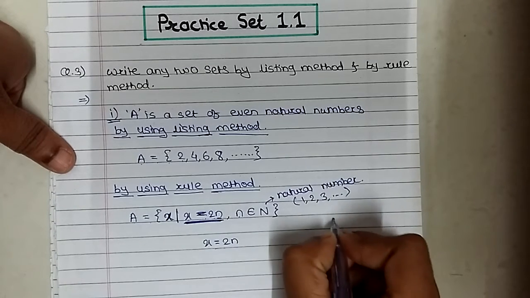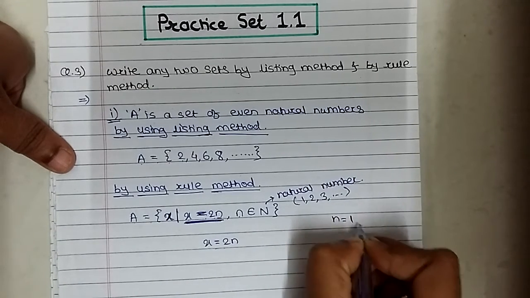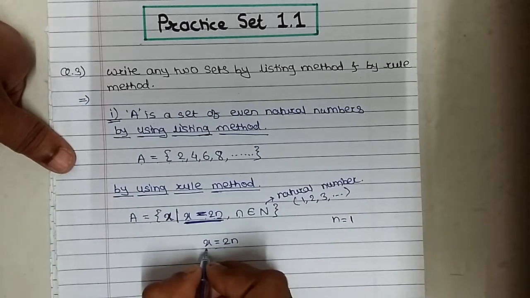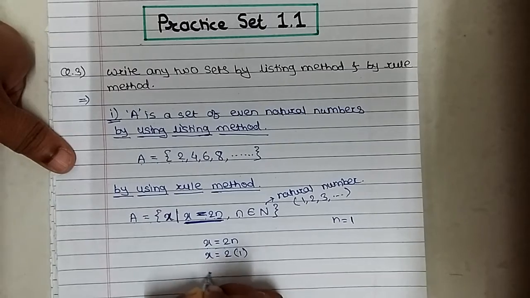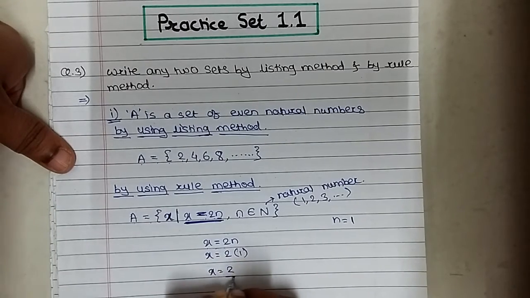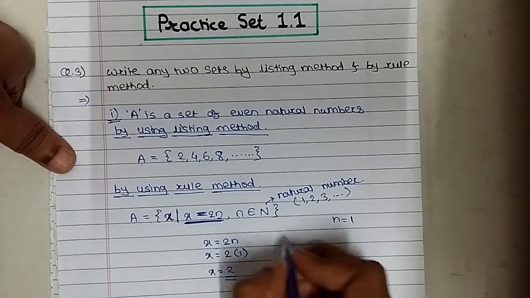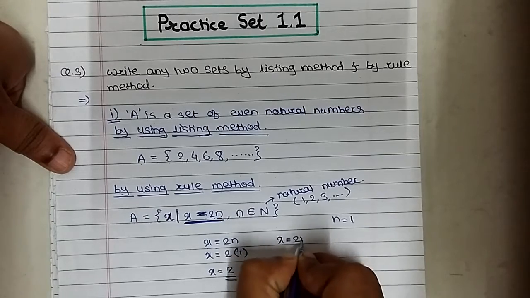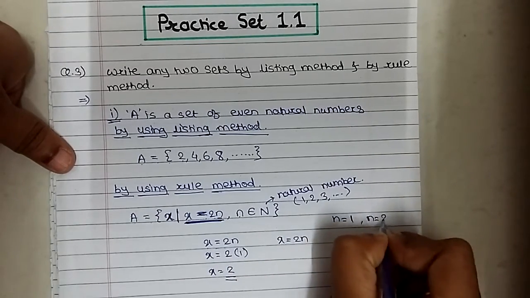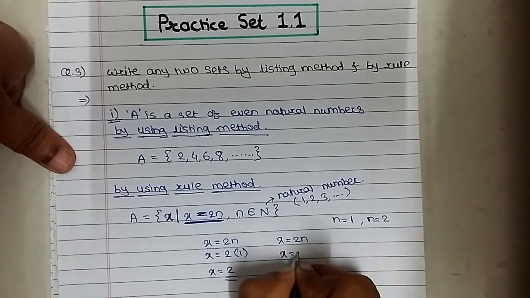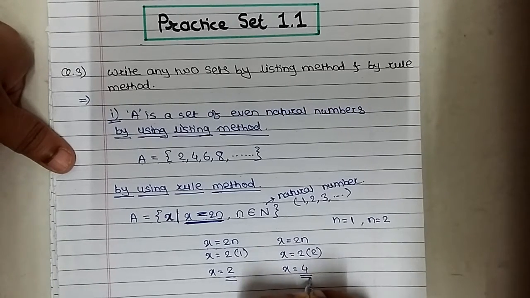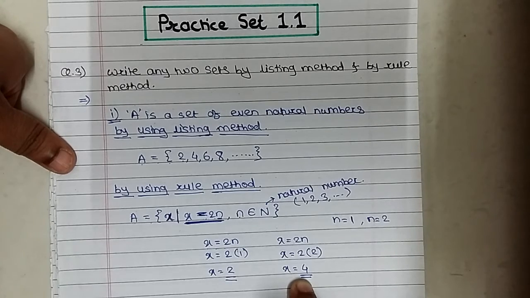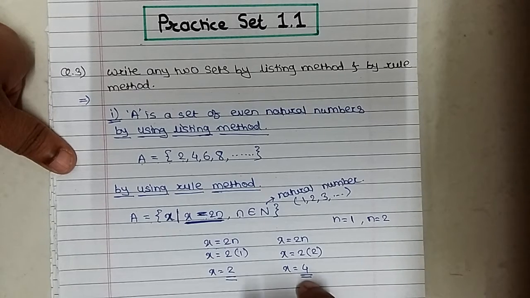When small n is equal to 1, x is equal to 2 into 1, that is x is equal to 2, the first value. After that, x is equal to 2n, when n is equal to 2, x is equal to 2 into 2, which is 4. This is the second even number. First we get 2, then 4.